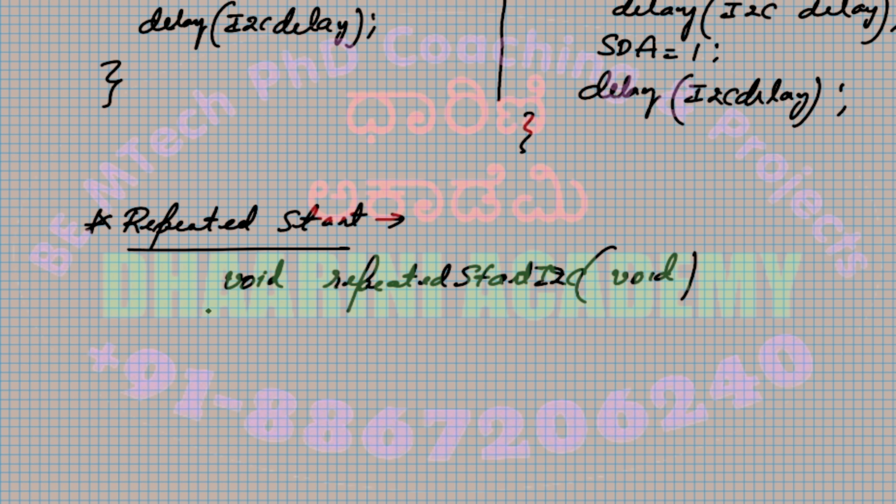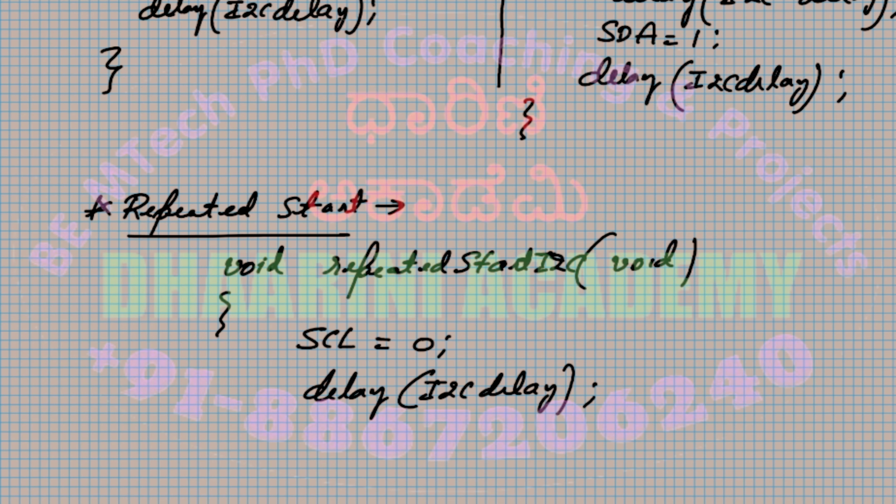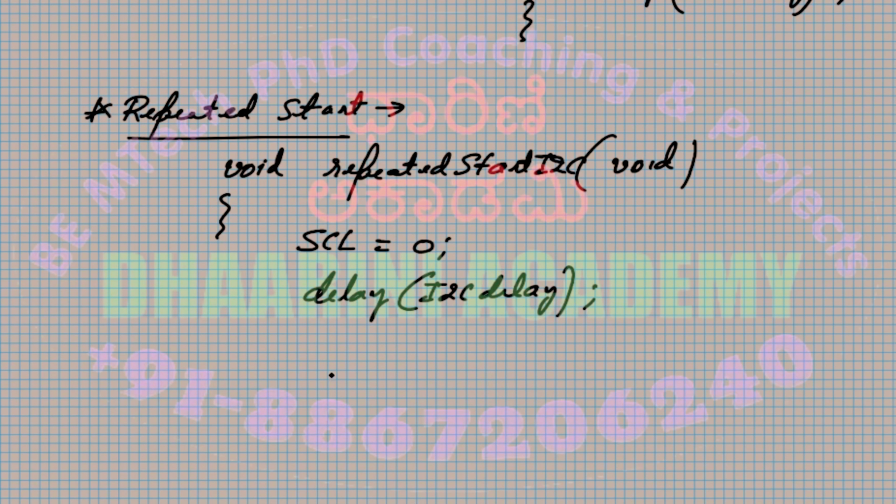Now, what is the initial condition? Initially you start with SCL equal to 0. Call I2C delay. I call a delay, then I make SDA equal to 1. All right, then call a delay.